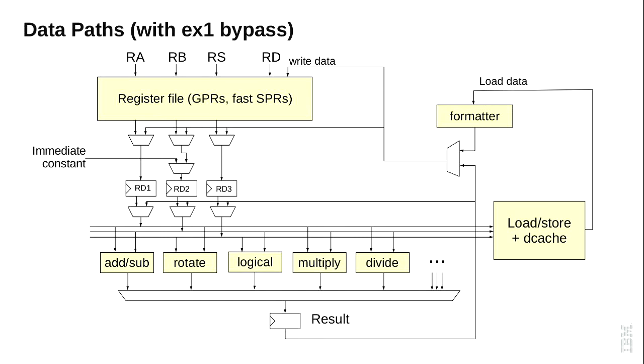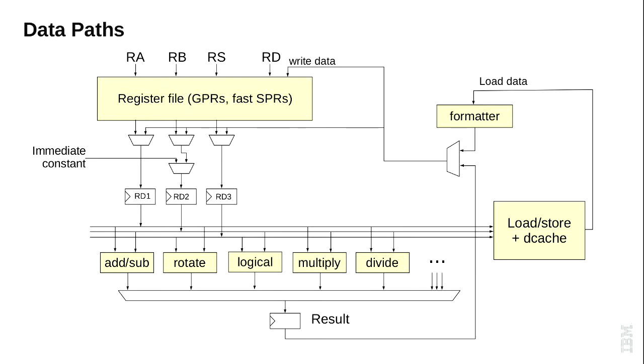Now, what I've been working on but haven't quite got ready to commit is adding another bypass from the output of execute 1 back into the input of execute 1 and load store. In the previous slide, if you had, let's say, an add instruction that put a value into R5 and then an AND instruction that used the value from R5, the first one comes through and gets into the result, but that is not yet available to be used in the next cycle in execute 1, because if you look at the loop, we've got 2 flip-flops in the loop.